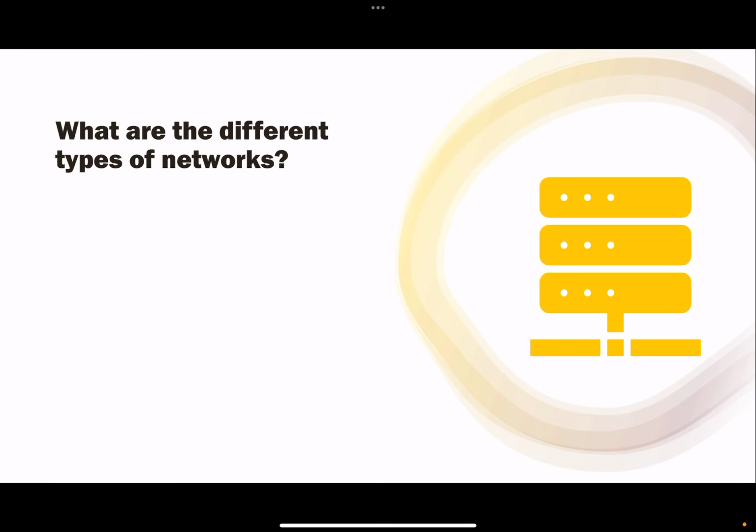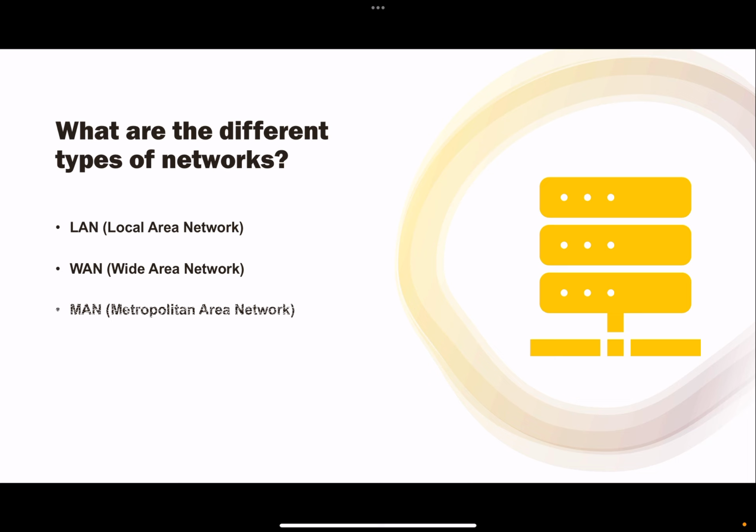What are the different types of networks? So, first we have LAN. It means local area network. And second, we have WAN. It means wide area network. Third, MAN.